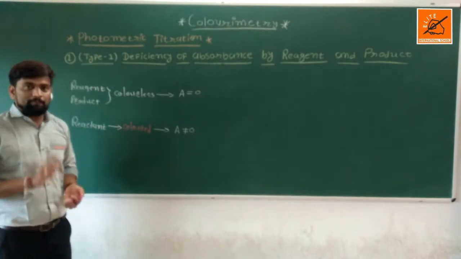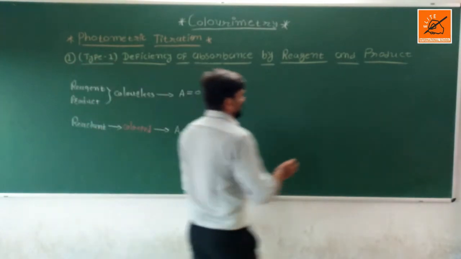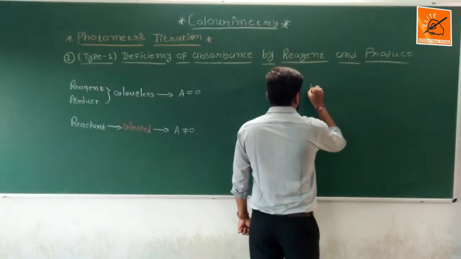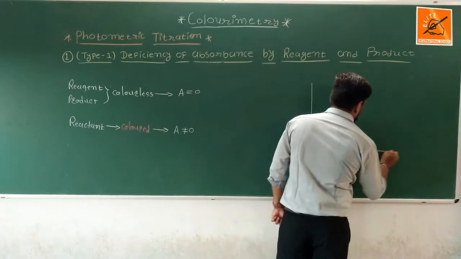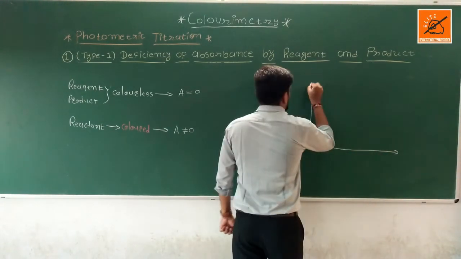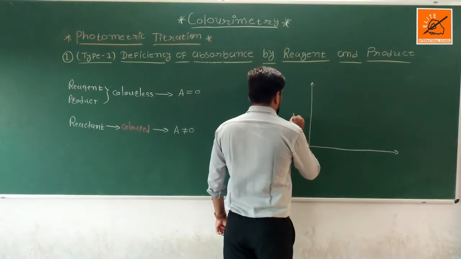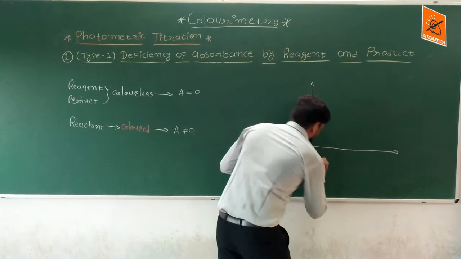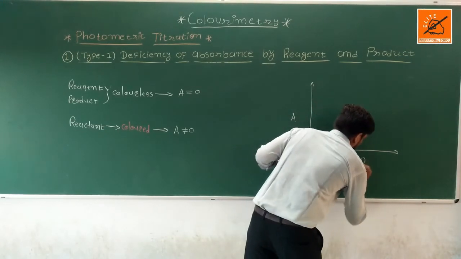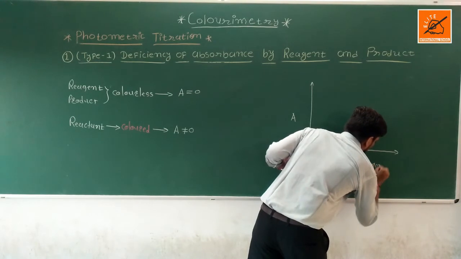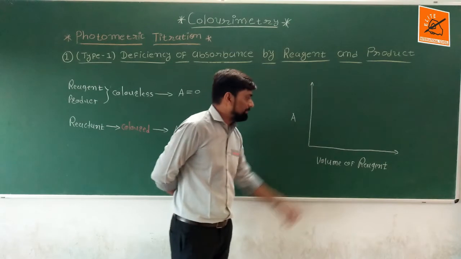Then we plot a graph of absorbance against concentration or volume of the reagent. On the vertical line we take the absorbance value, and on the horizontal line we take the volume of the reagent.